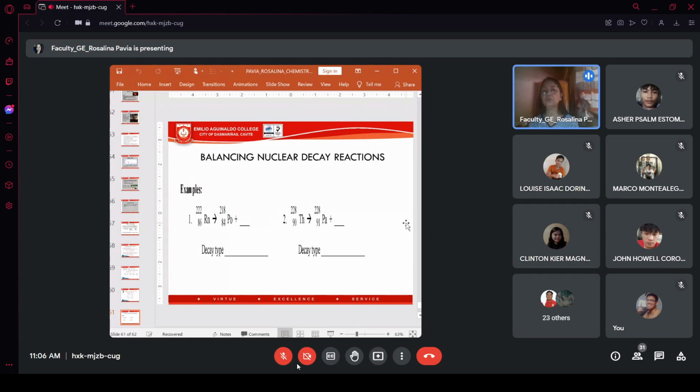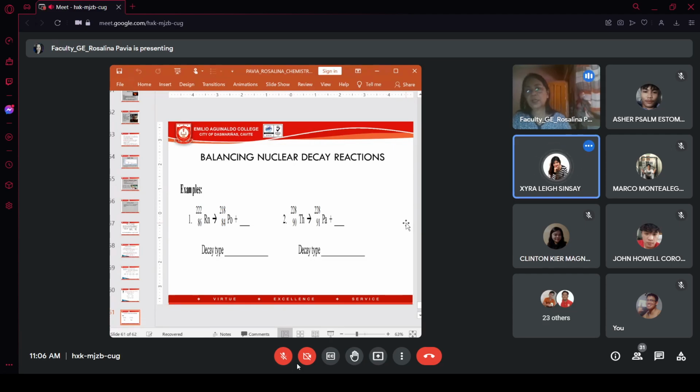Check nyo yung atomic number. Nag-emit siya ng certain particle. So ano yun? Anong particle yun? And what is the decay type?